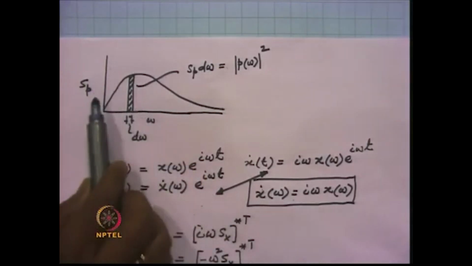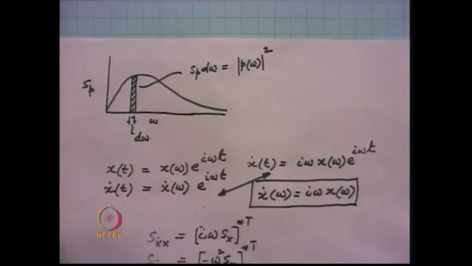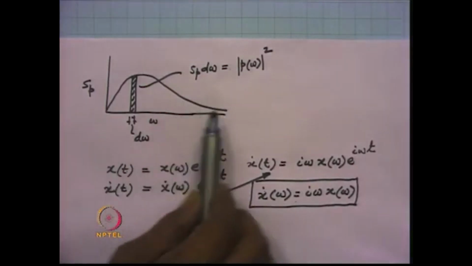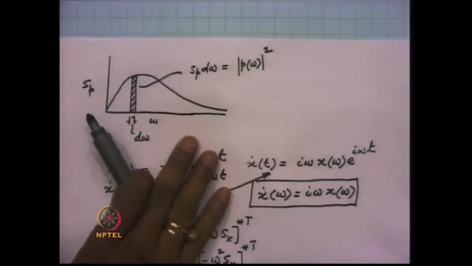And if we sum up all the absolute value squares in this diagram, then that sum will be equal to the mean square value of the process that we have seen.